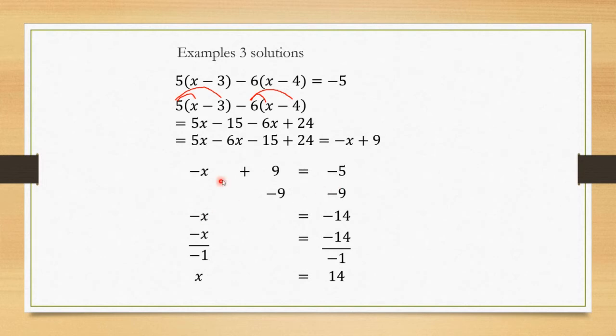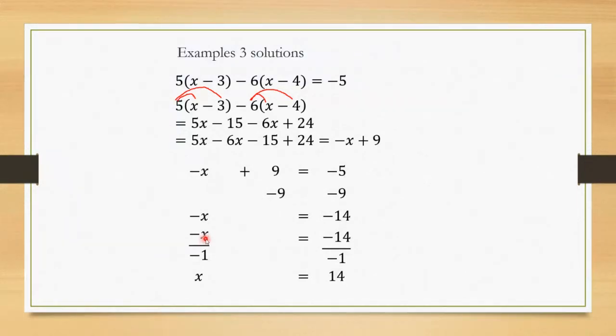Now, from here, we want to get x all alone. So we subtract 9 from both sides, and we get minus x is minus 14. But we don't want minus x, we want x. So we want to get rid of the negative.